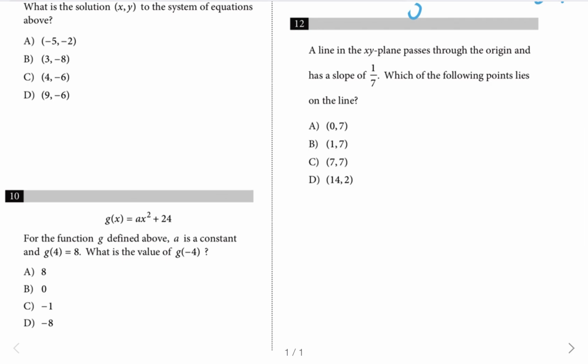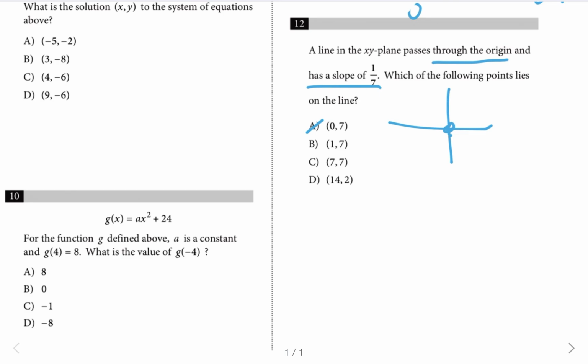So a line in the xy plane passes through the origin and has a slope of 1 divided by 7, or 1/7. Which of the following points lies on the line? So right now, we can immediately cancel out A, because the question is saying it passes through the origin, and origin is always at 0, 0 right here.